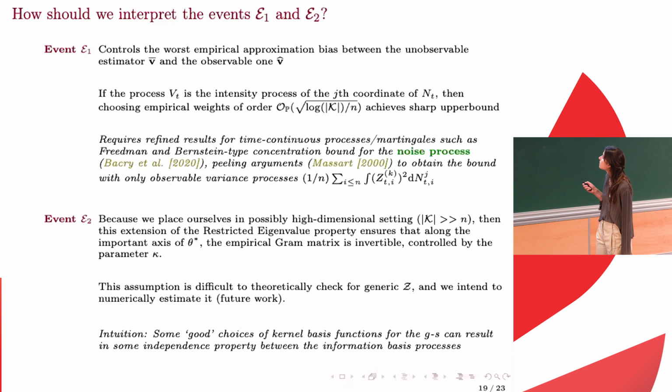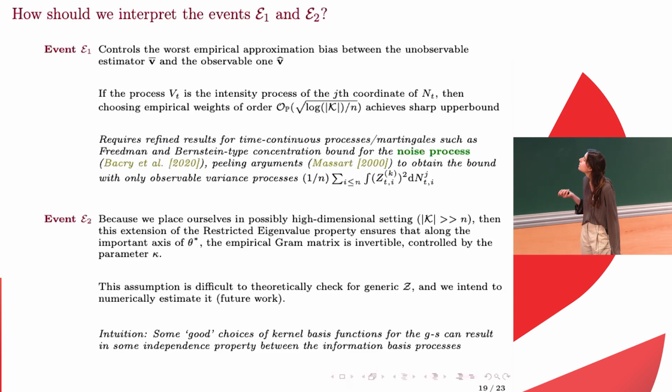Okay, and in fact, this assumption is quite difficult to check theoretically for a generic stochastic basis, and we would like to estimate it numerically. And the intuition is that if I can choose a kernel, so remember these functions g and h, to obtain a kind of independence, related to time independence and orthogonality of the columns, then we can have a better understanding of this event E2. Okay.